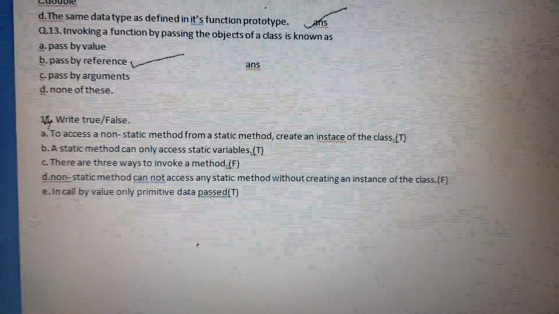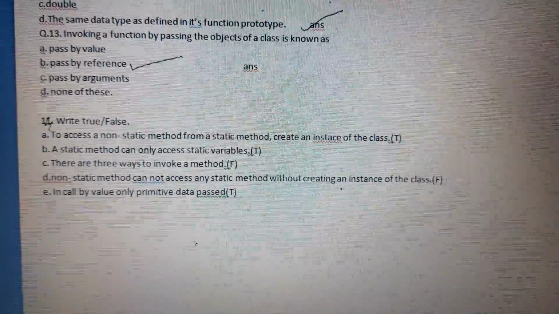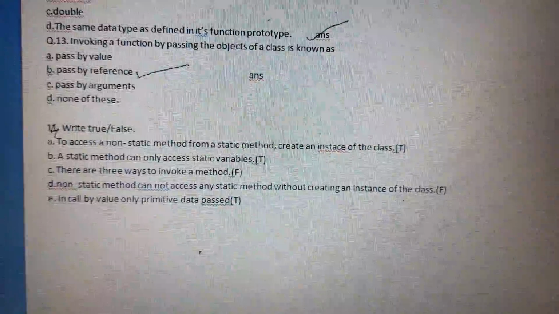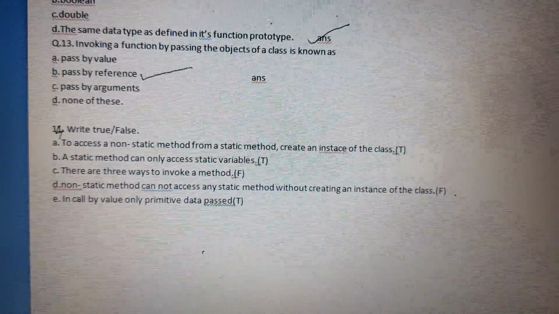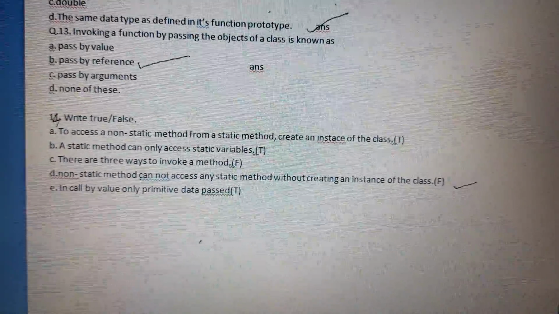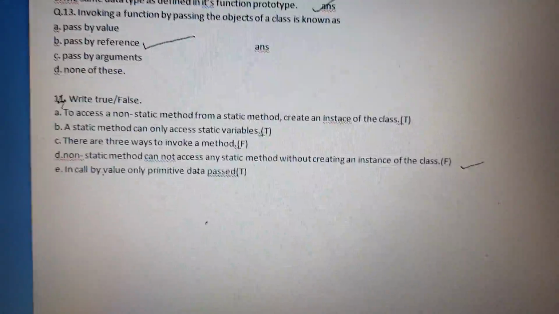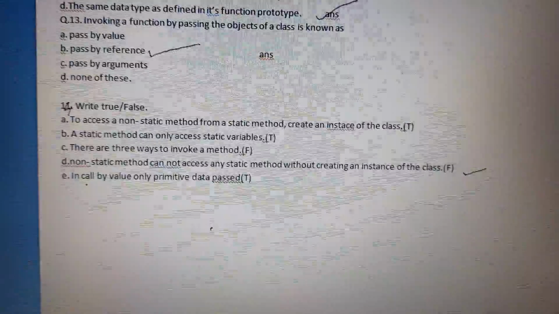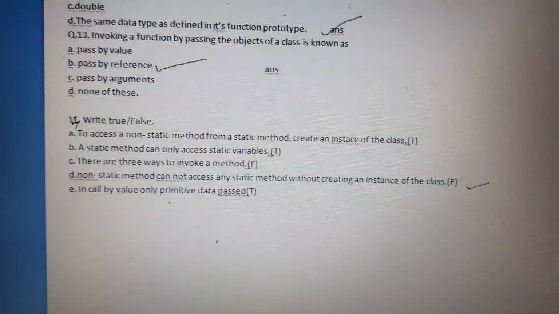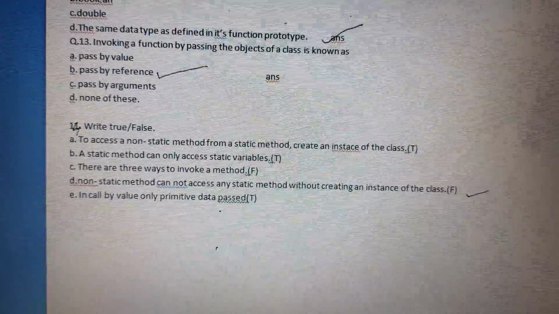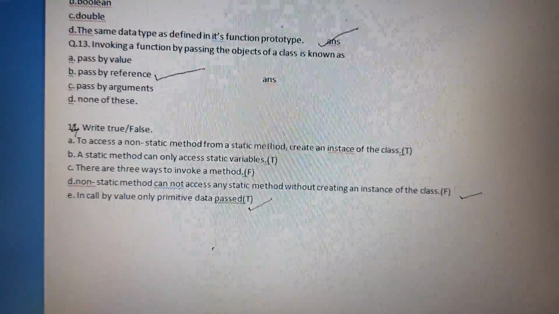A non-static method cannot access any static method without creating an instance of the class. False. For a non-static method you have to create an instance of the class, then you can access it. In call by value only primitive data is passed. It is true.